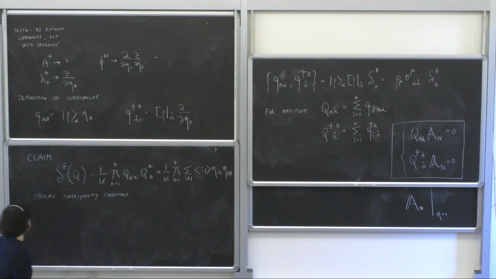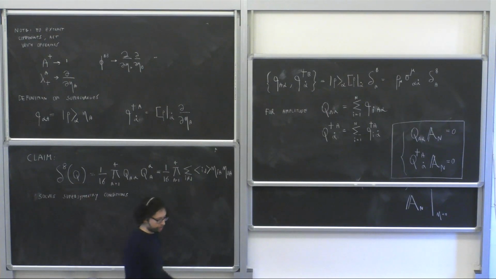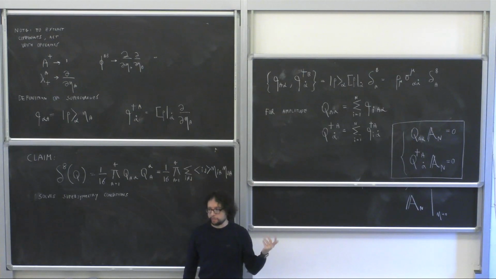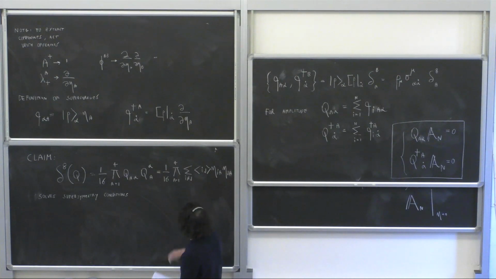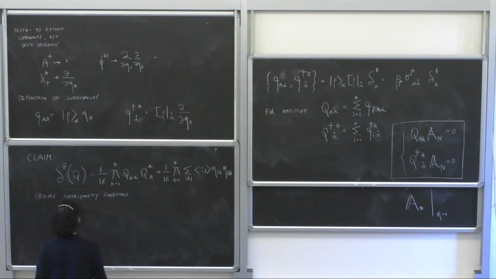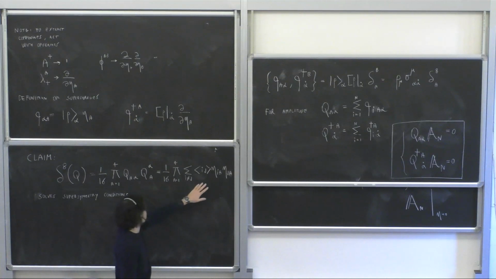And this is very suggestively written in the form of a delta function of Q. Remember that if you want to write a delta function for a Grassmann variable, this is just the Grassmann variable itself, up to normalization. We have many of them, and if you write this down explicitly, it is the combination of all possibilities, both in terms of our symmetry indices and also the spinor indices 1 and 2. And again, there is a symmetry factor linked to the fact that each of these contractions has 2 terms, really. And then this is writing the Qs explicitly.